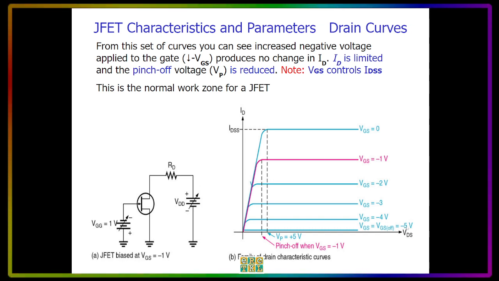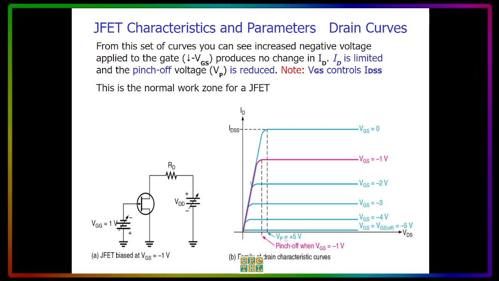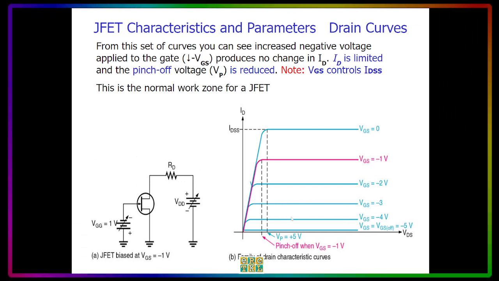So if you want to get the VGS off and you know the VP, just take the value of the VP but make it negative. And if you know the VGS off is minus 5 volts, then the VP is also 5 but opposite. It's not negative, it will be positive. So this is an example of the family of drain characteristic curves.